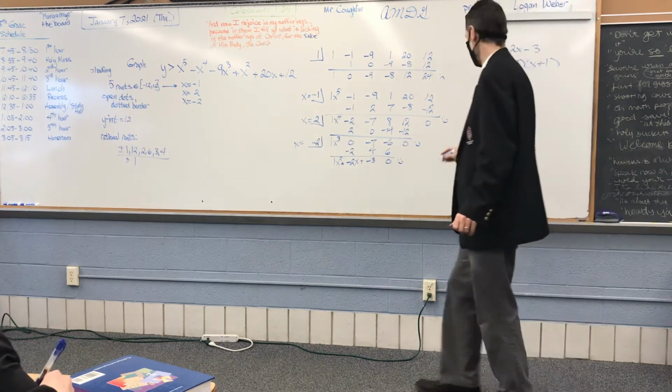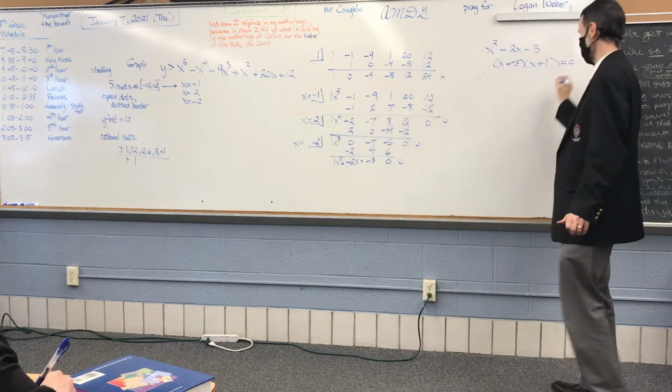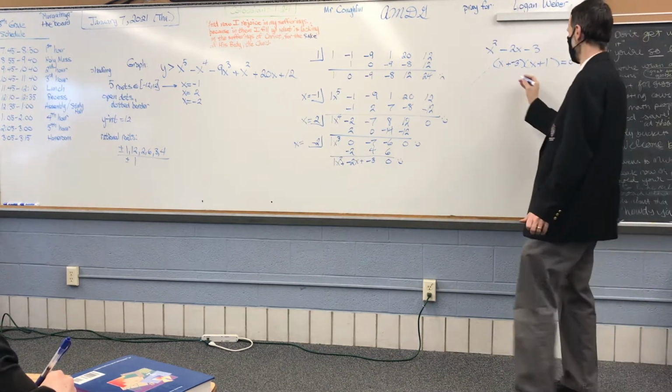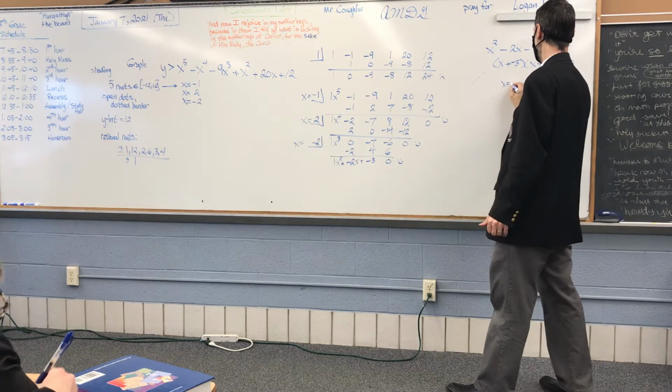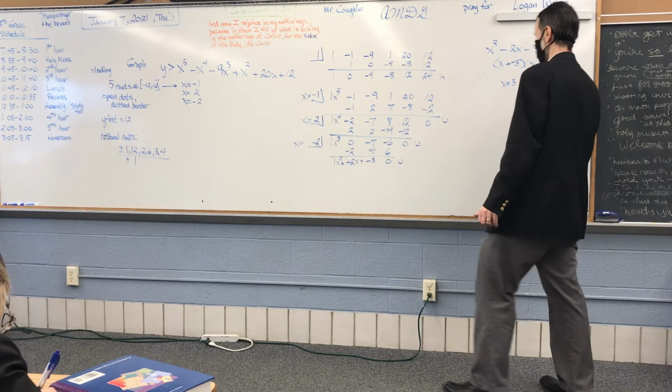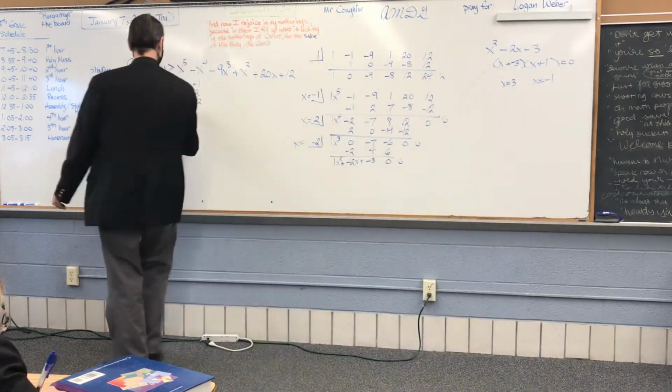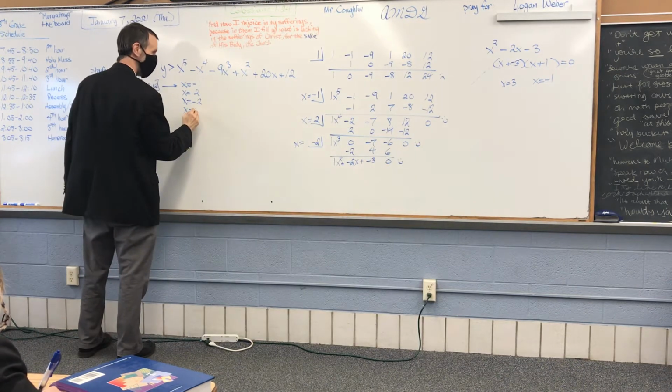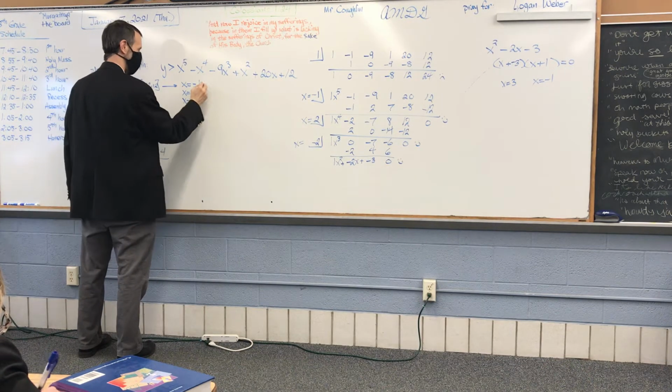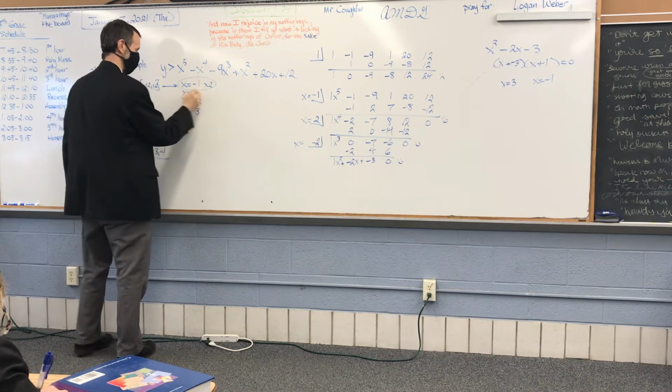Bingo. So if you set those equal to 0, what solutions would you get? Got it. You ever notice anything interesting in that list? Double root. There's a double root at -1.